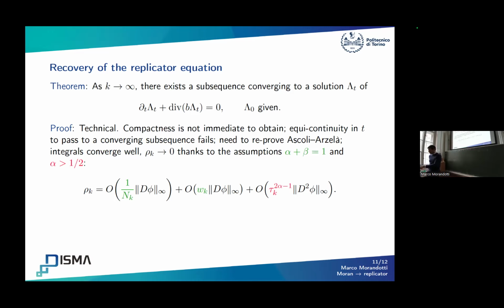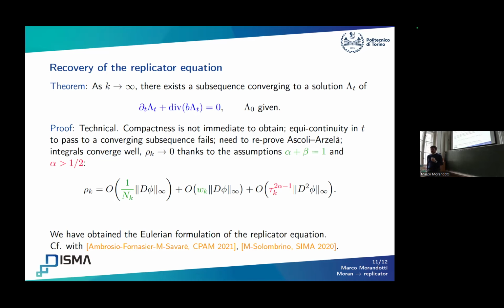So I get one extra factor of 1 over n in front of the first derivatives in the first little o thing, a w in the numerator in this other term, and then this one definitely vanishes if alpha is bigger than 1/2. So there's no contribution whatsoever of the second order derivatives that needs to be taken into account.